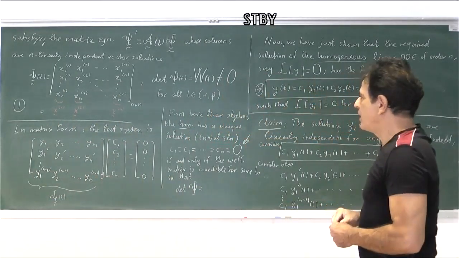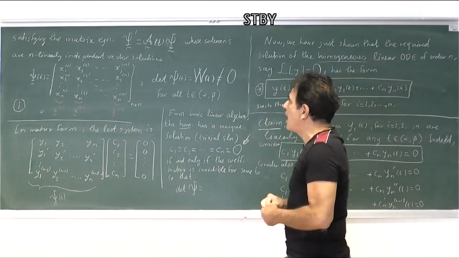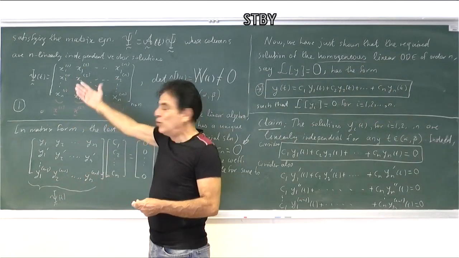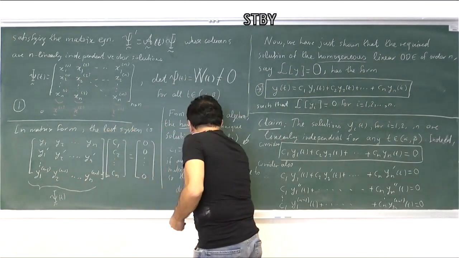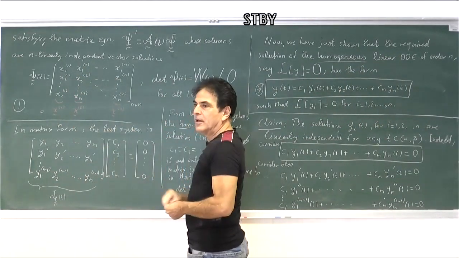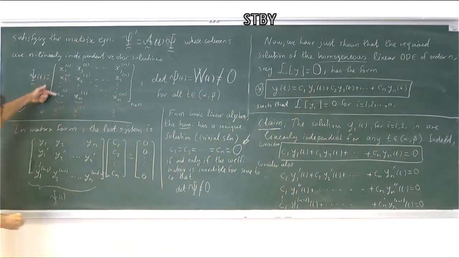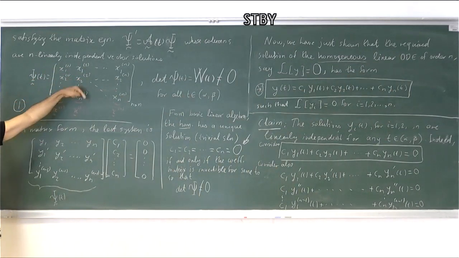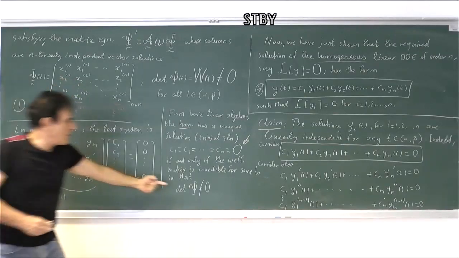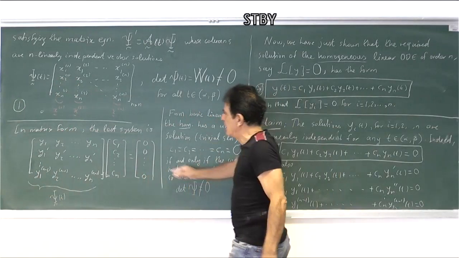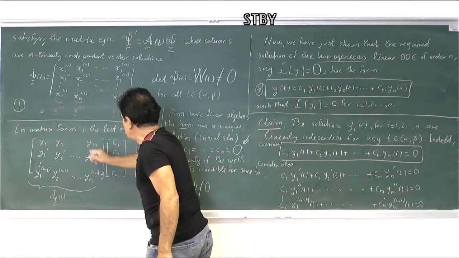The coefficient matrix is nothing but the fundamental matrix in the system representation, whose determinant is clearly non-zero, because the columns of this fundamental matrix are linearly independent vector solutions of the homogeneous system. So this is guaranteed, and therefore this matrix is invertible.